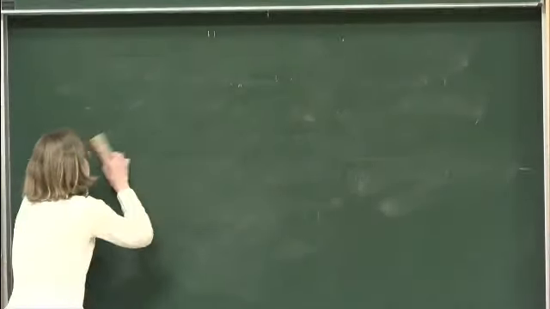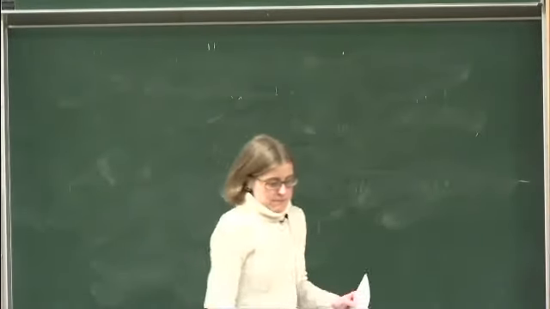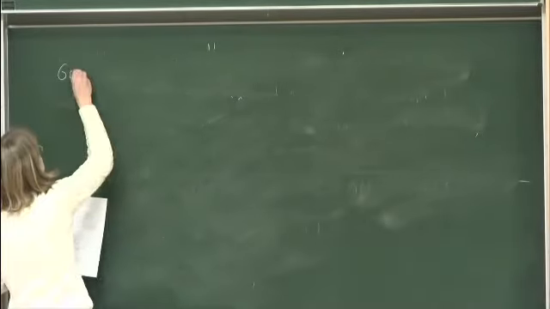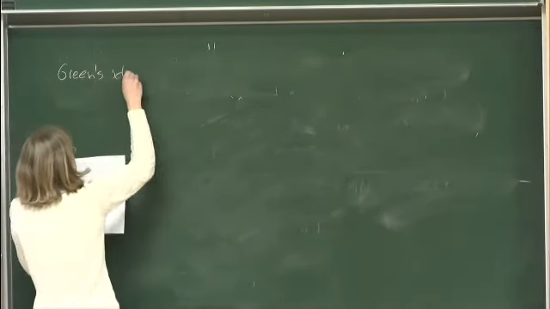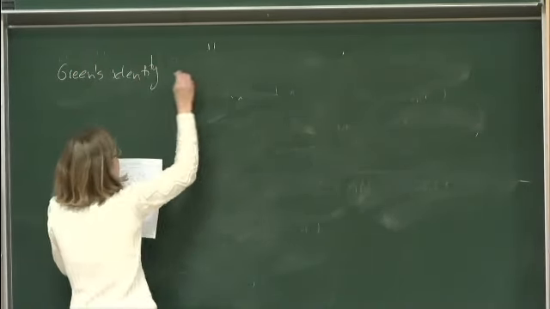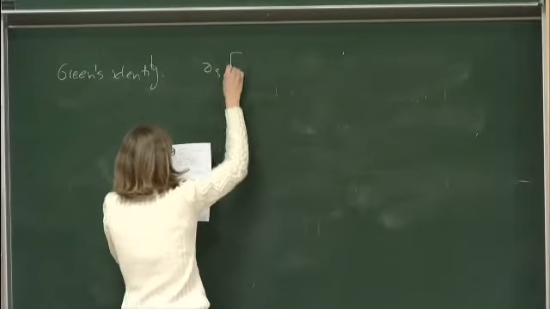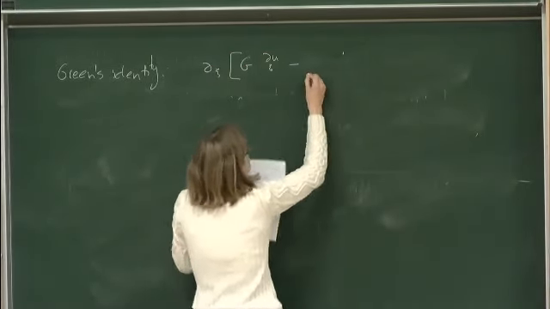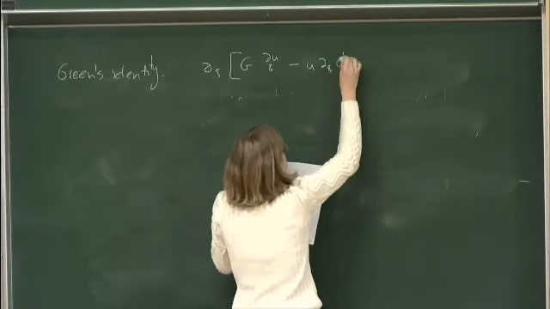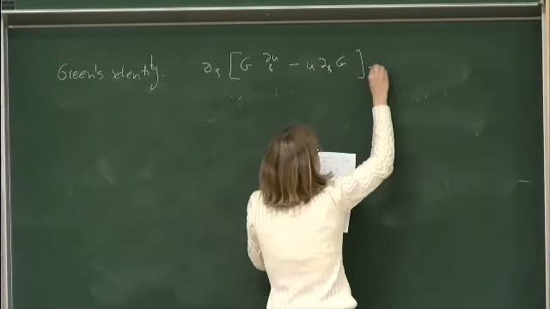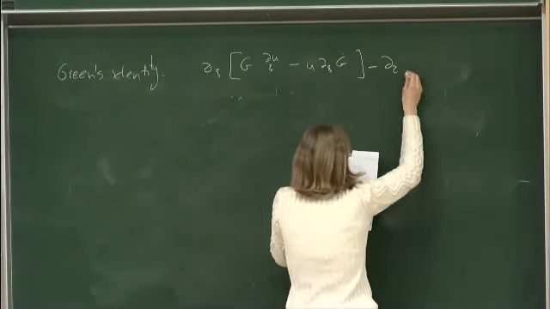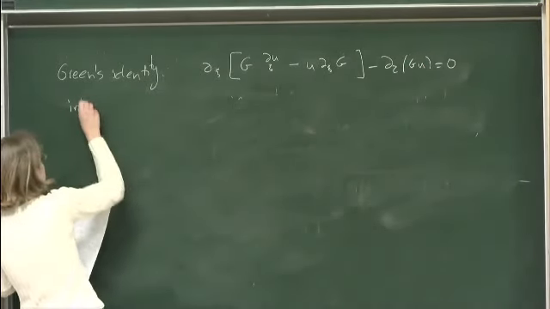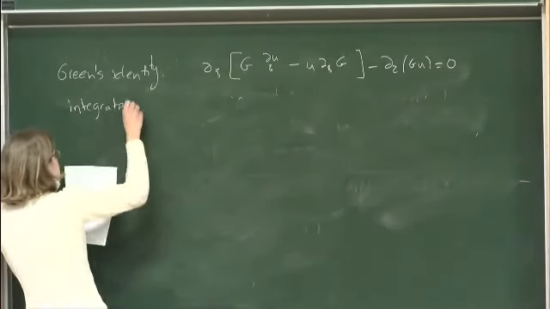Now, because you have the delta, some extra terms appear, but just take the Green identity: partial c of (g partial c u minus u partial c g) minus partial tau (g u) equals 0, integrated in two regions.